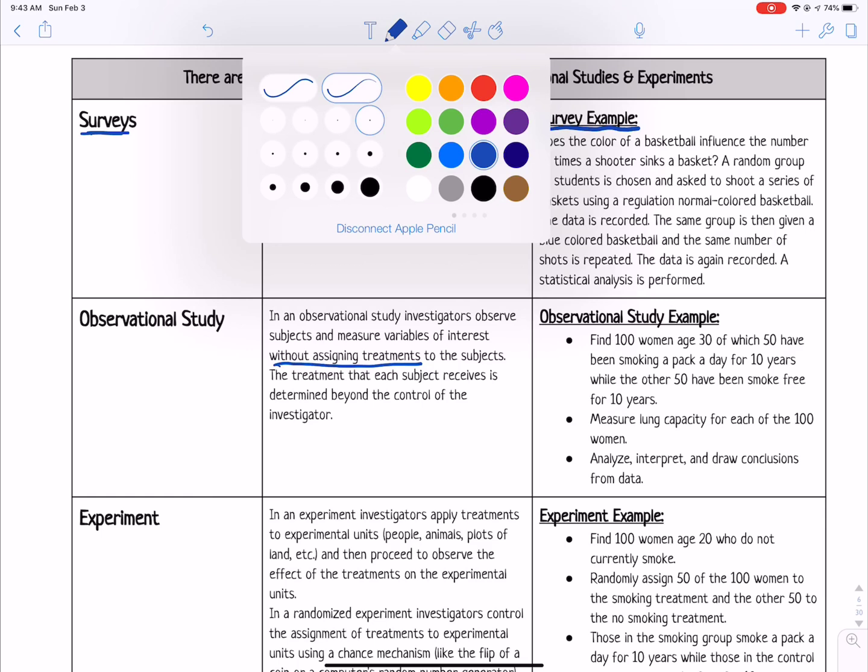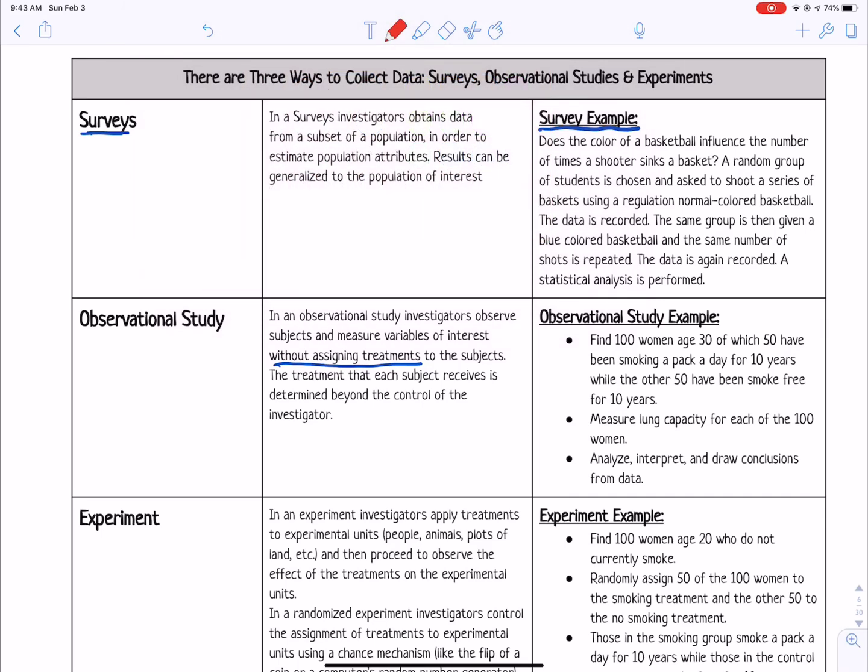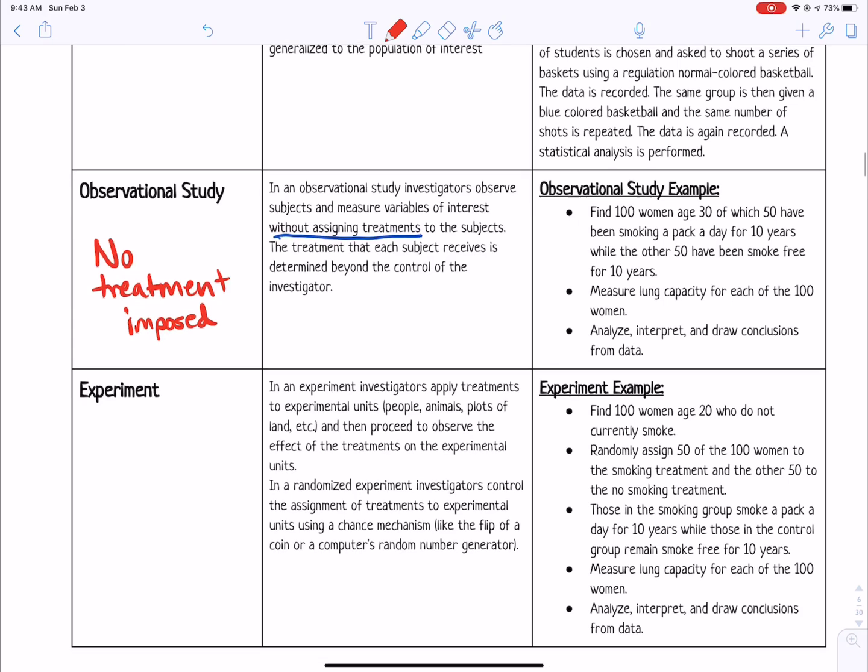That would be an observational study: you gathered up these 100 women who have been doing this, and you are observing now what is their lung capacity. So let's add over here, no treatment imposed for observational studies. That's a big thing, is you're looking at stuff that has already happened and analyzing it.